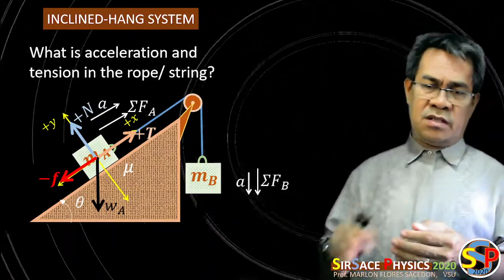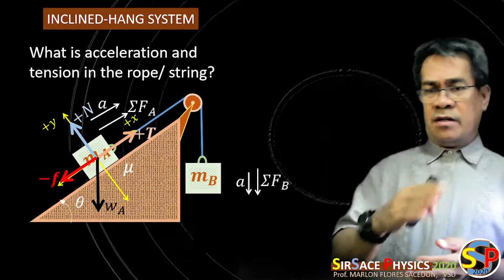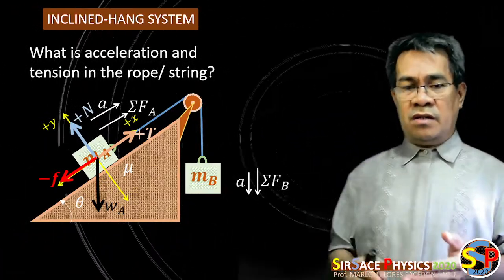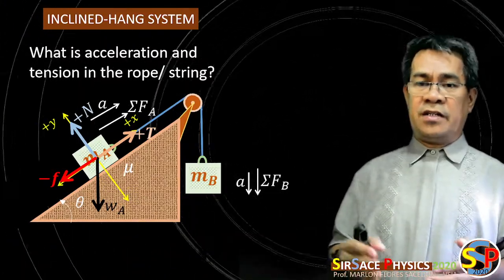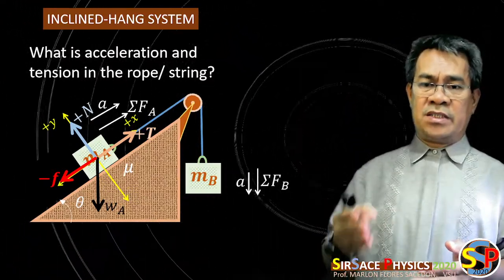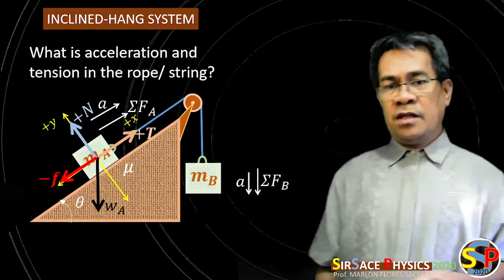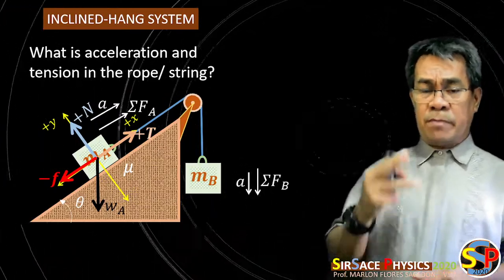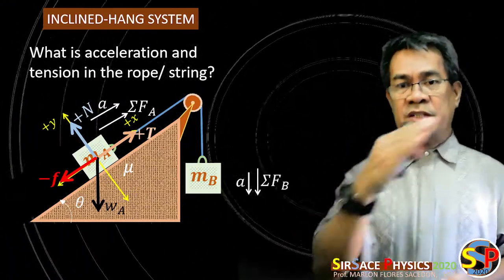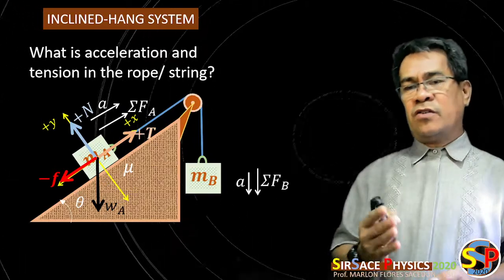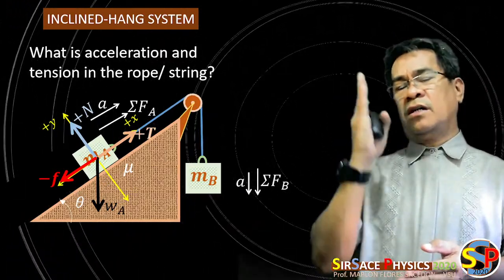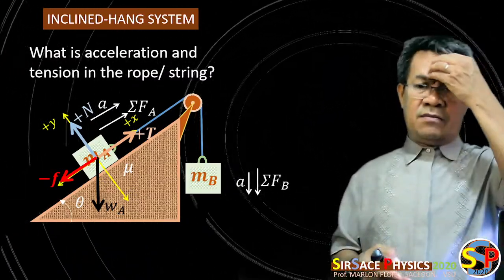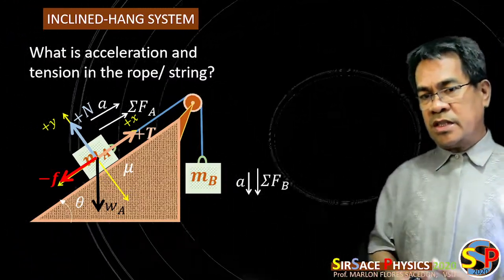The direction of motion of object A is along the x-axis only. So if you sum up all forces along y, the sum should be 0. Notice that the tension is positive because it's towards the positive x-axis, while the normal is positive because it's directed towards the positive y-axis, and the friction is negative because it's directed towards the negative x-axis.